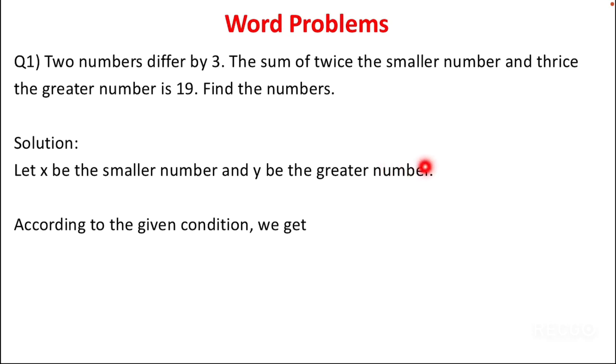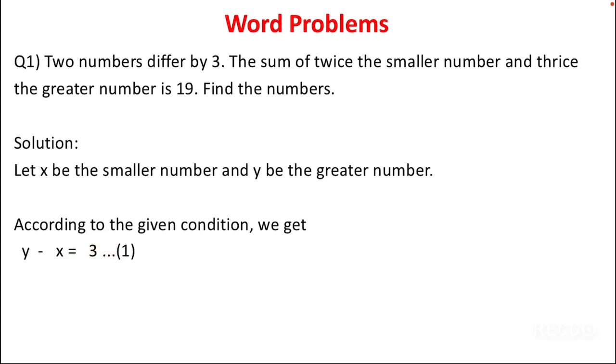That is, if you do 2 minus 3, you will get minus 1. But over here they are saying that the numbers differ by 3, that is, by a positive number. So we will subtract the smaller number from the greater number. Y minus x is equal to 3. So this is our first equation, that is, the greater number minus the smaller number is equal to 3.